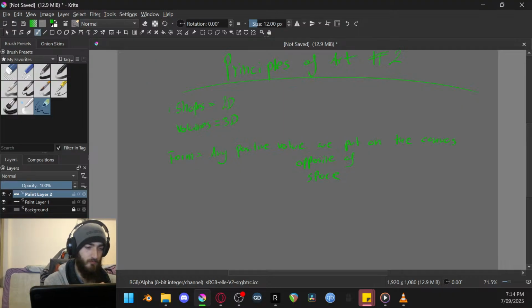Shapes and volumes. Negative element. So the negative element of form is space.